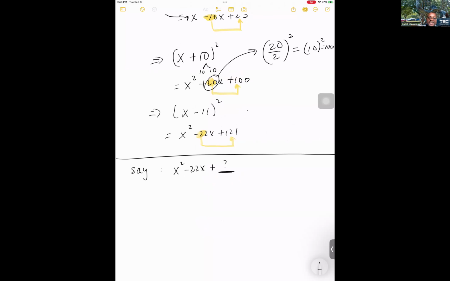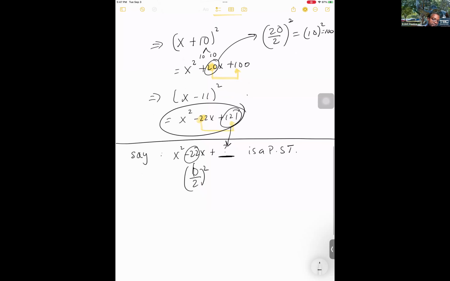If I say this is a perfect square trinomial and ask you to find the last number, you simply use the middle value and the formula b divided by 2, squared. All right? So I would like you to try that for me, please.